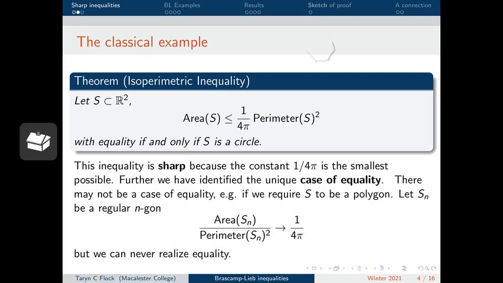My polygon is becoming more and more like a circle, but never gets there. In our functional examples, the analog of this will be functions that sort of condense into Dirac masses at a point. So it may be that we leave the space of functions as we approach the optimal configuration.